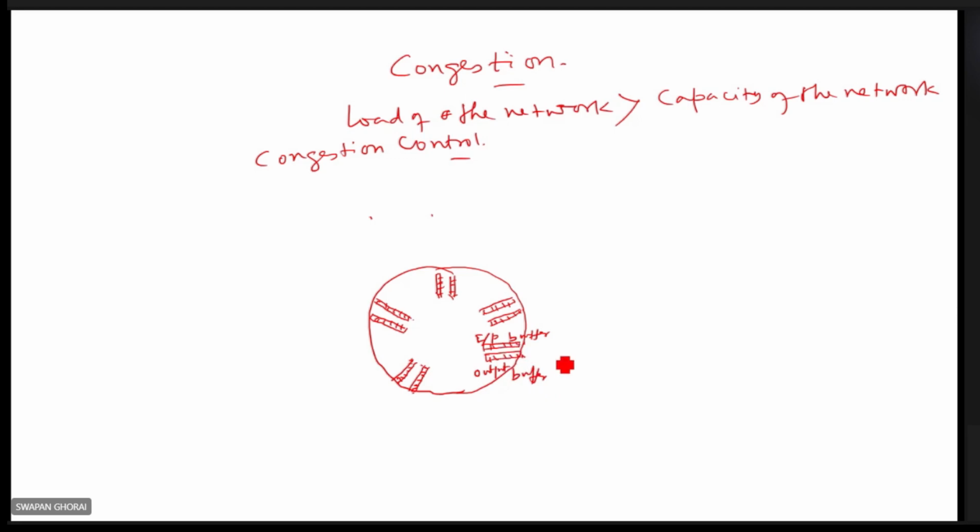Input buffer, output buffer. Packets can be delivered to other nodes, or packets can be coming from other nodes. Similarly, from this port also, packets can be going outwards, or they can come from another node.